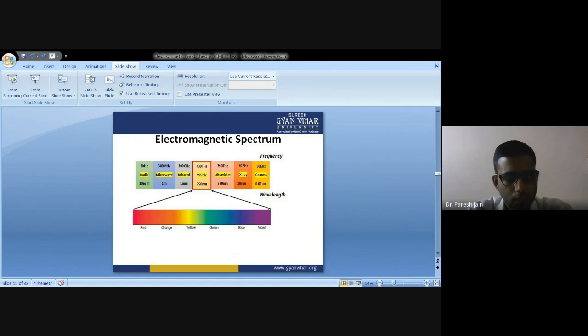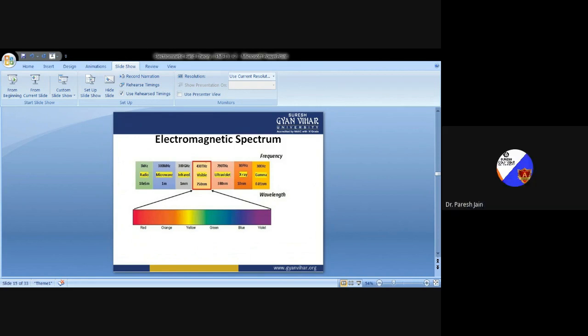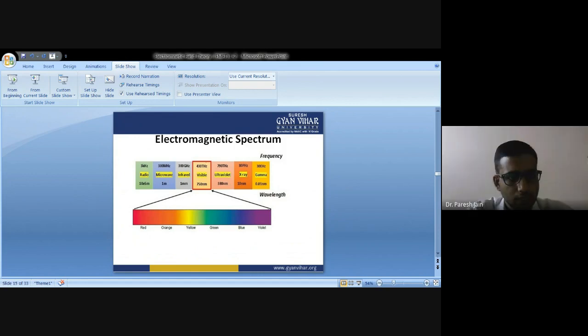In this graph or figure, we have shown the wavelength range also. So the part of the electromagnetic spectrum that holds the lowest frequency range and the highest wavelength is known as the radio frequency spectrum.